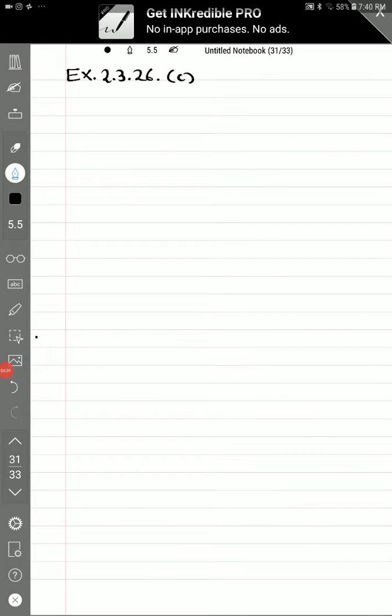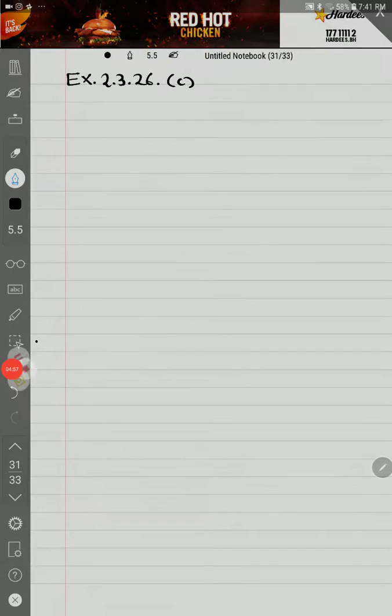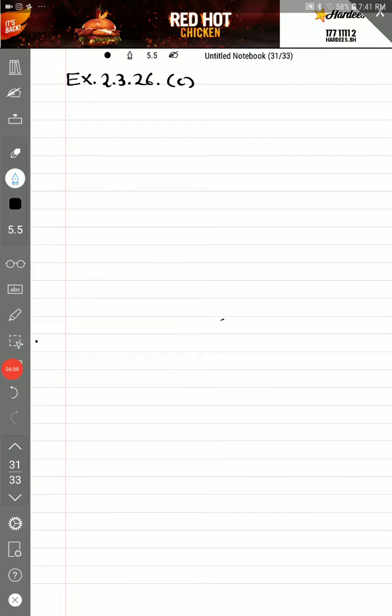Now we shall solve some of the exercises regarding the orthogonal family. We go for 2.326 part C, and it says find the orthogonal family. I will write just C. The family will be y equals 4A x squared.